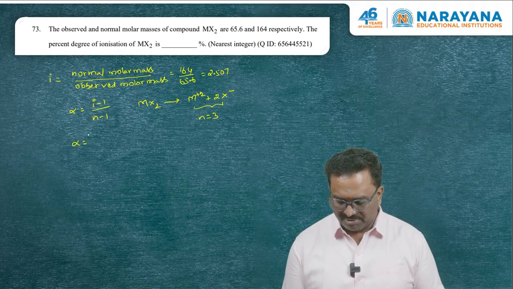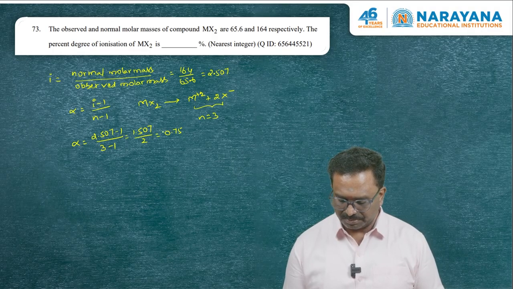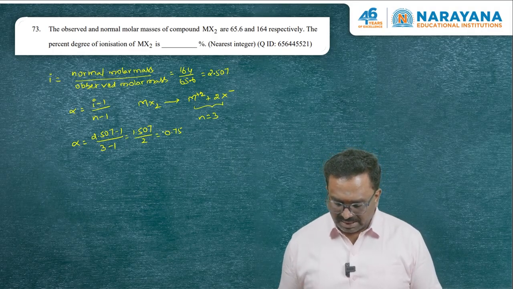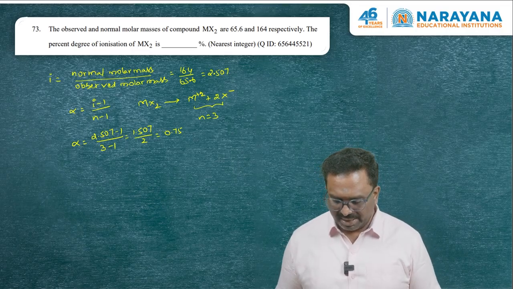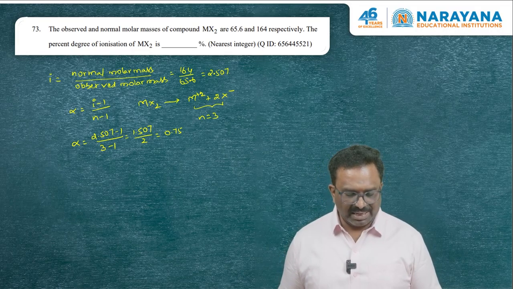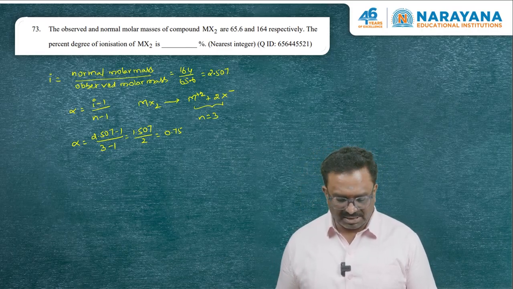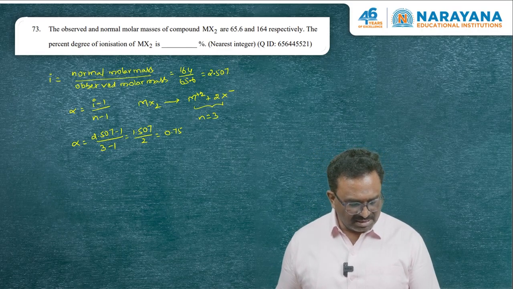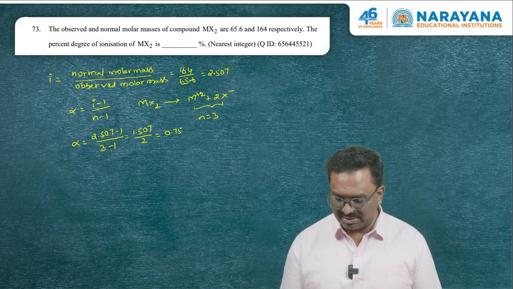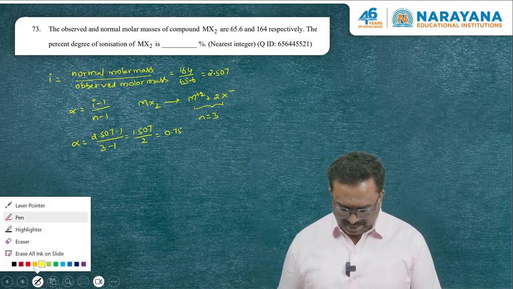So here alpha is 2.507 minus 1 by 3 minus 1. So 1.507 by 2, which is 0.75 by neglecting the next digits. So 0.75 is indicating the percentage they are asking, which is 75% of the ionization, which is the nearest integer.